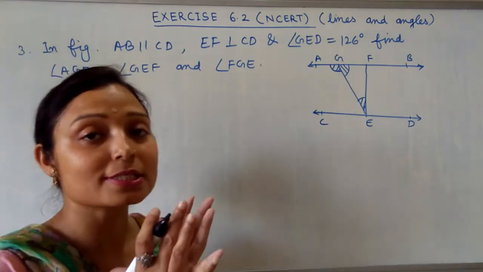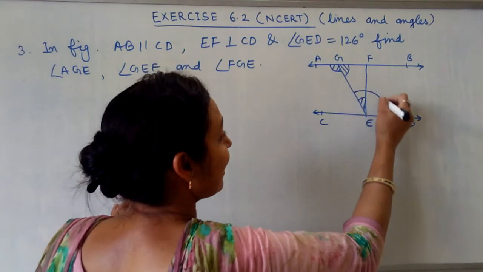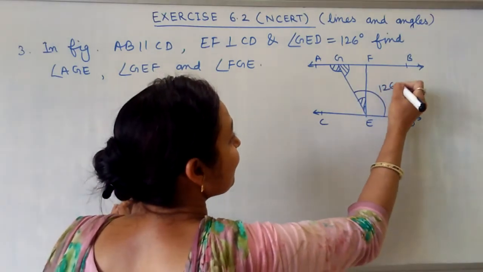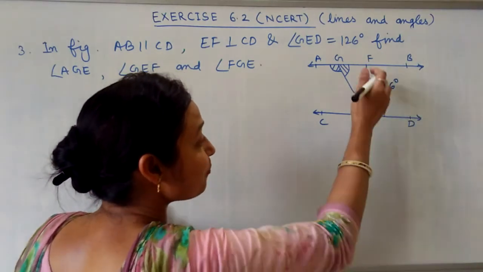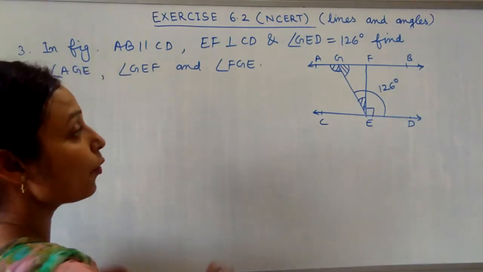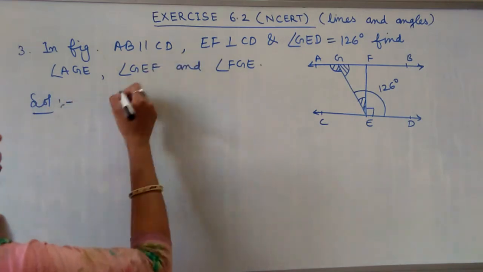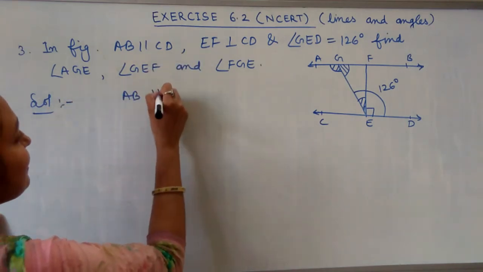Now our full concentration is on the given angle GED. This is the angle which is given to you, 126 degrees, and EF is perpendicular to this, so that means its angle is 90 degrees. First of all, find AGE, because AB is parallel to CD.